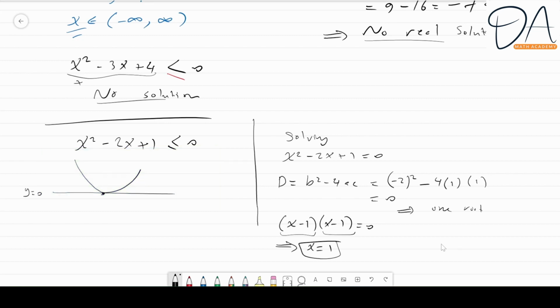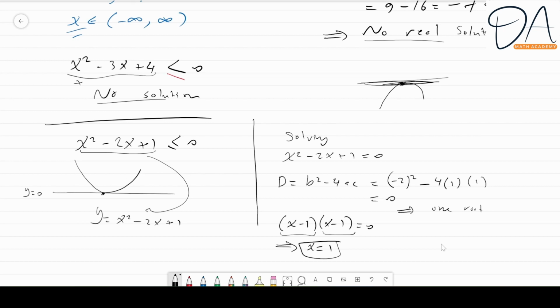It's also possible you may have it looking like this. So it means it's all negative, but it is 0 at one point. How to determine whether it is positive all the time and 0 at one point, or it's all negative except at one point it is 0? Again, just look at this one and substitute any value except, of course, the root, because that will give you 0.